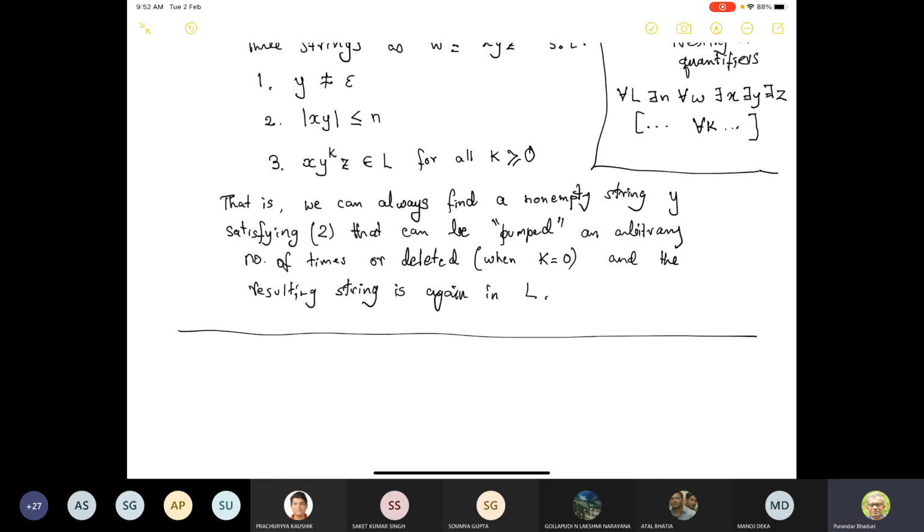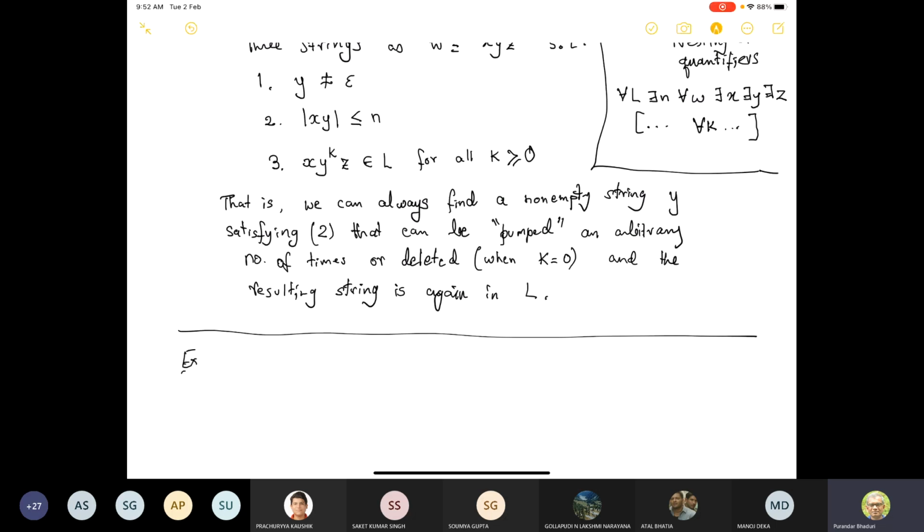Let us try to apply the pumping lemma. We may not even have time for that. Just 3 minutes left. So let me just give a hint of how to apply the pumping lemma in this case.